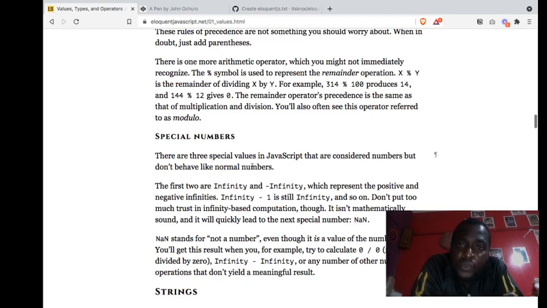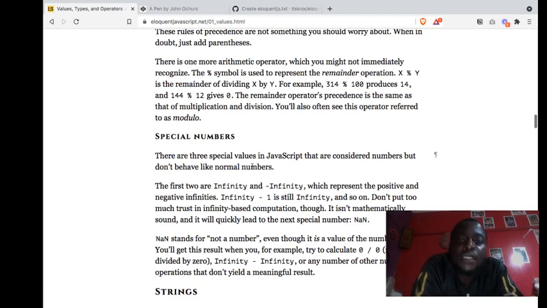For example, 314 % 100 produces 14, as 100 goes into 314 three times, remainder 14. And 144 % 12 gives 0 because 12 goes into 144 12 times with no remainder. The remainder operator's precedence is the same as that of multiplication and division.